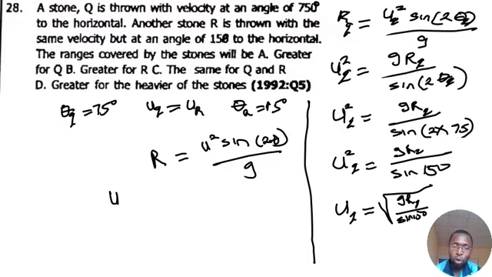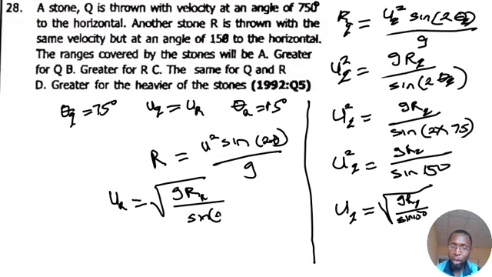u R, using this same formula, will be the square root of g R R, that's the range of stone R, over sine 2 theta, in this case theta is 15, so 2 times 15, instead of 2 times 75.